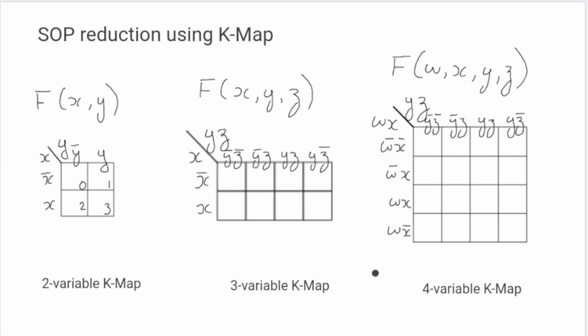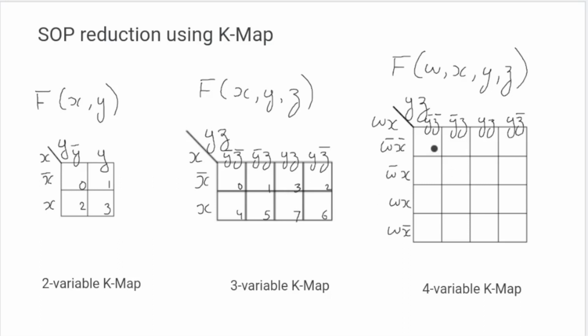The same thing goes over here in the 3 variable K-map. So this will be 0, this will be 1, this will be 2, this will be 3. Similarly, this will be 4, this one will be 5, this one will be 6, and this one will be 7.